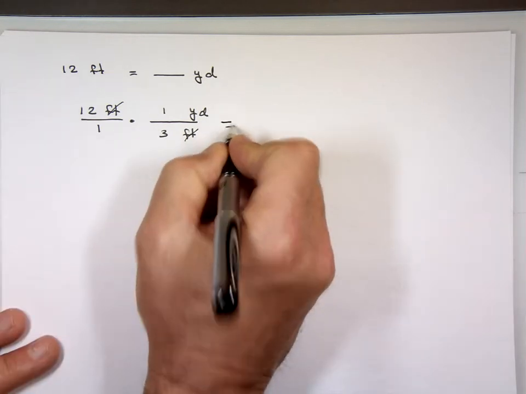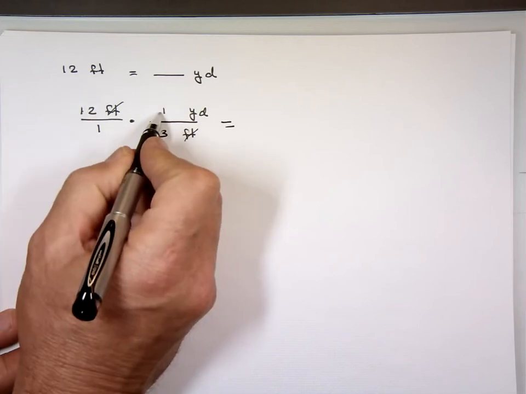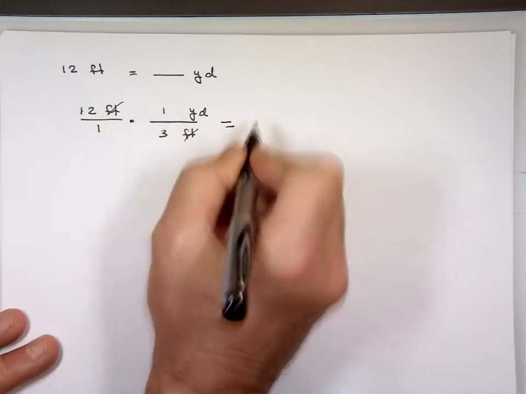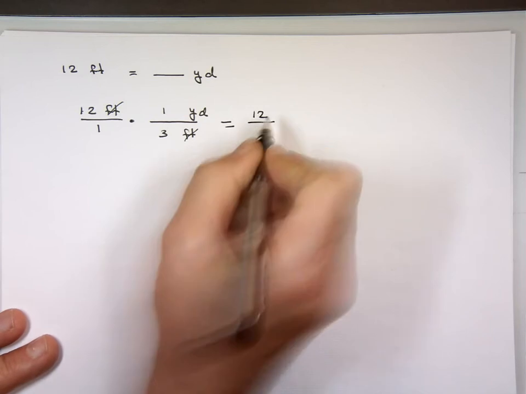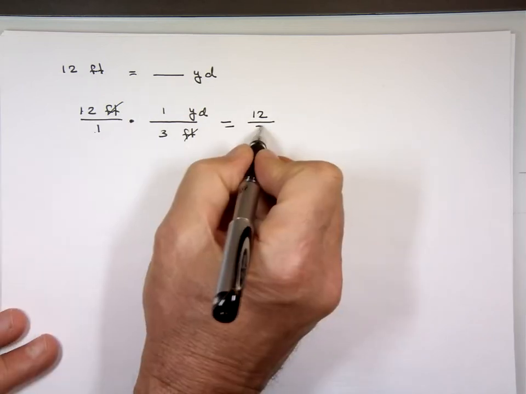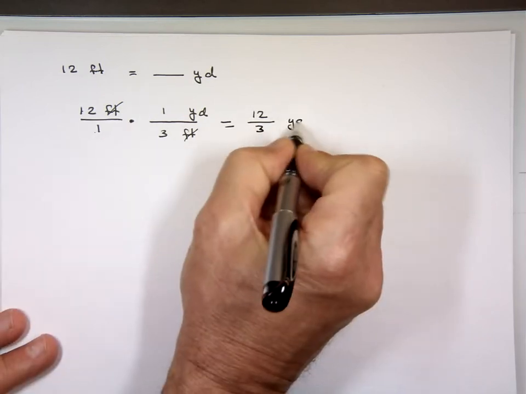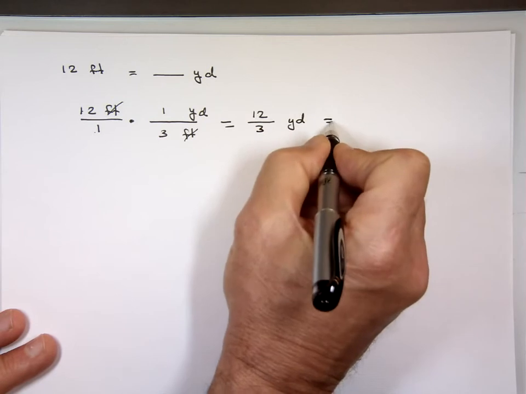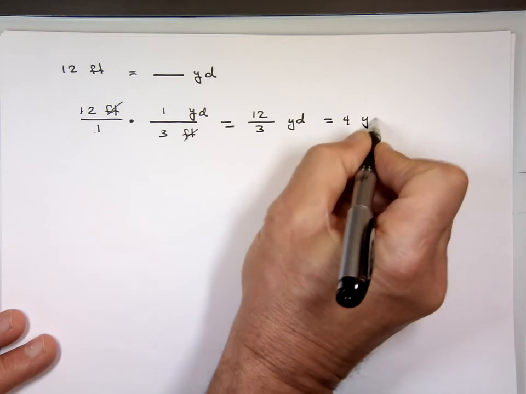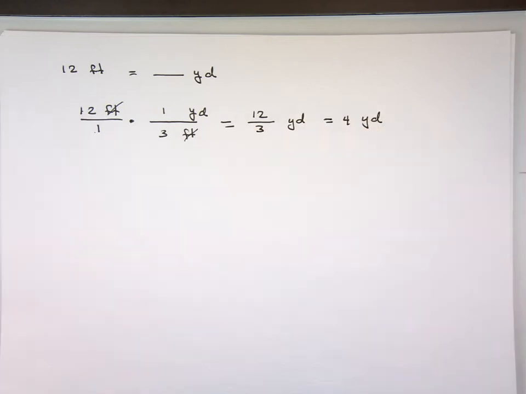So now I'll have 12 times 1. I'm multiplying fractions. The top times the top, 12. The bottom times the bottom, 3. What is 12 divided by 3? 4 yards. And you're going to see me use this method for anything I do today.